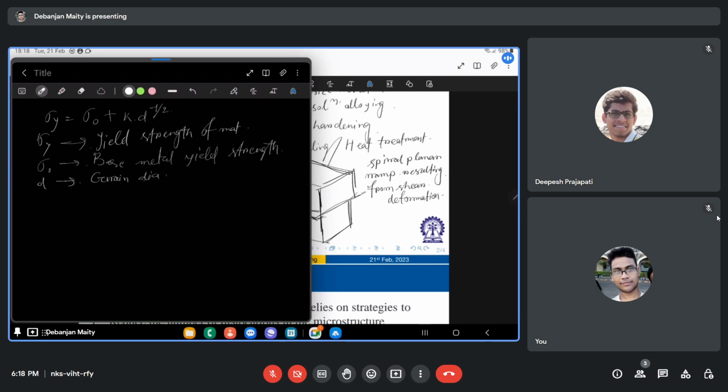Now, you can think of these grain boundaries as barriers to slip, and slip means dislocation motion. So whenever the boundary acts as a barrier, the strength increases with increasing angle of misorientation. Let me draw something.